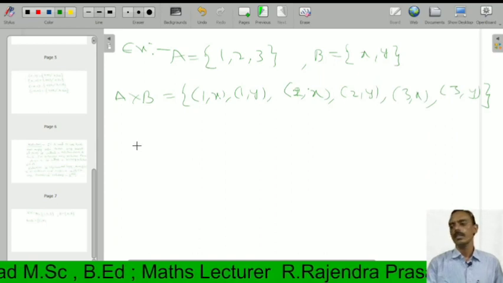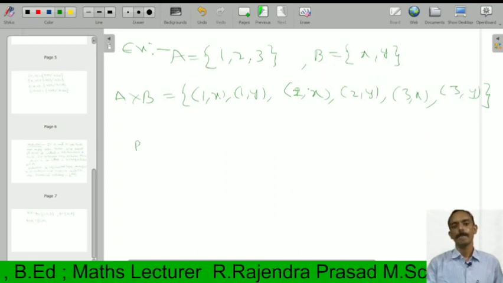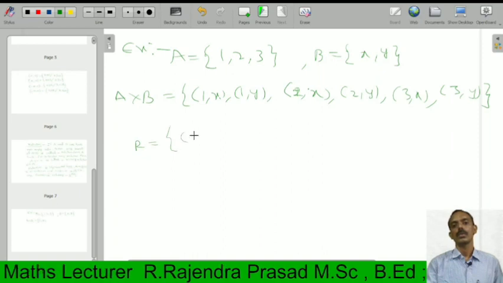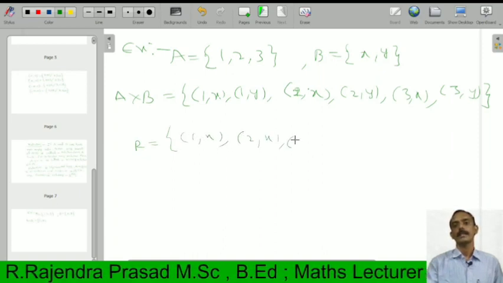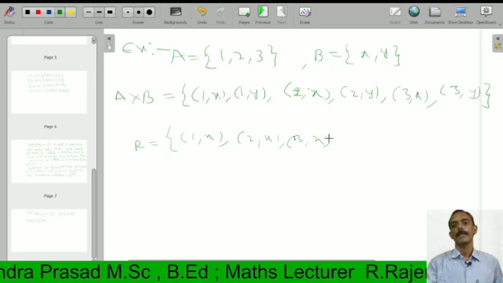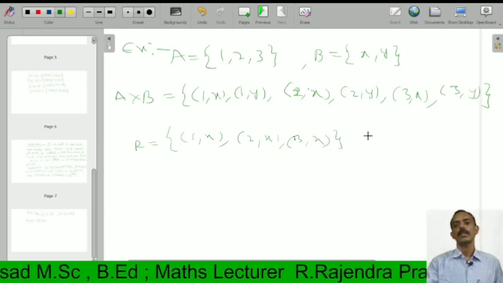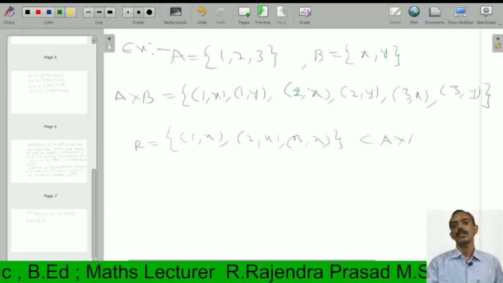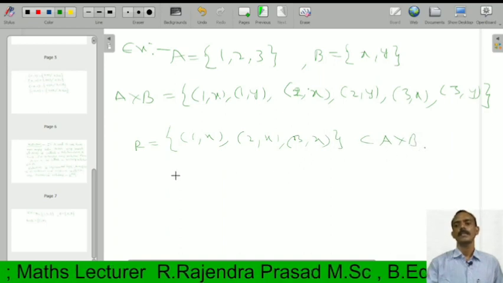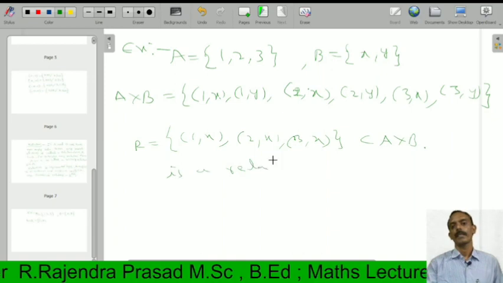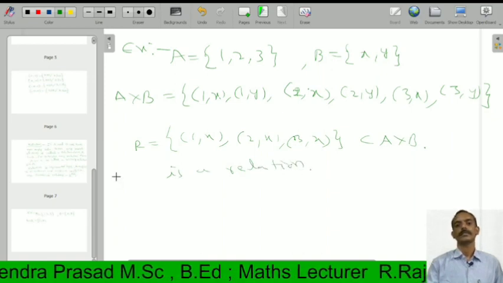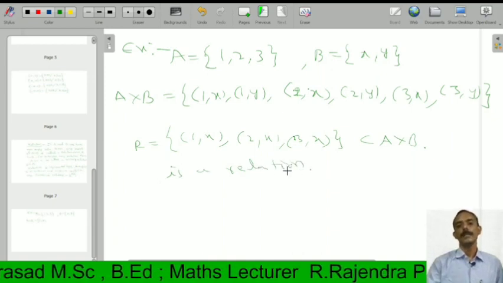Suppose the relation is R equals {(1,x), (2,x), (3,x)}, which is a subset of A cross B. A subset of A cross B is a relation.